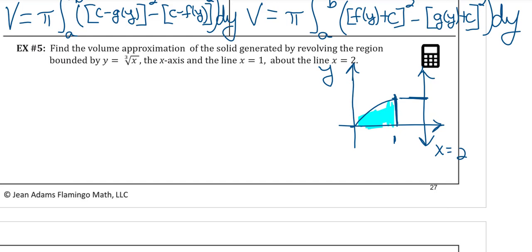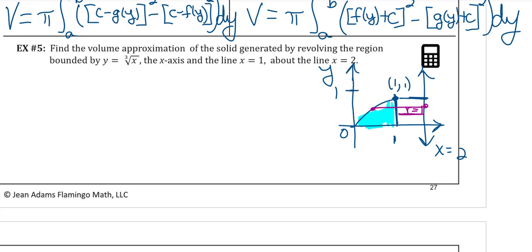So if we look at this point, it is the point 1, 1, so we're going to be integrating from 0 to 1. And so our two radii, so here's our inner radius right there, so that distance between 1 and 2 is 1. And our outer radius is going to be how far away we are here to the edge.